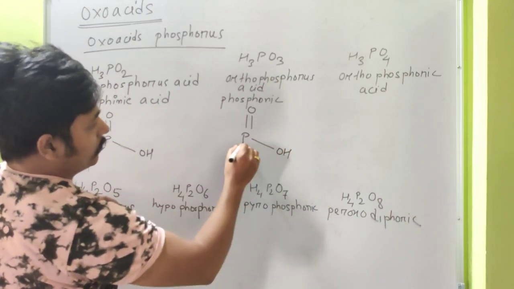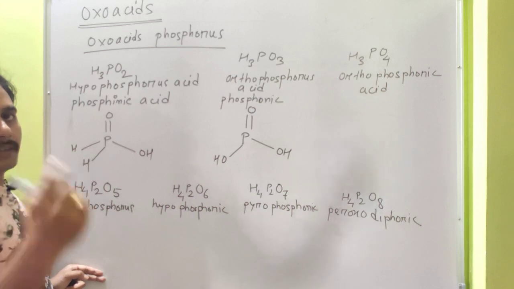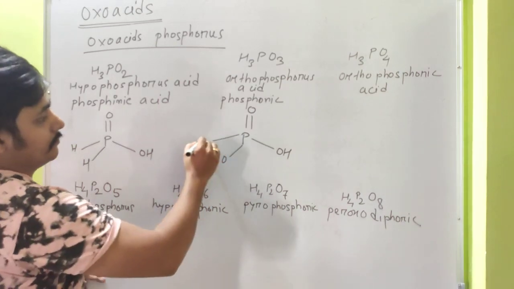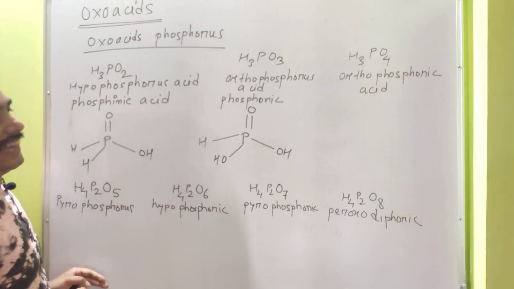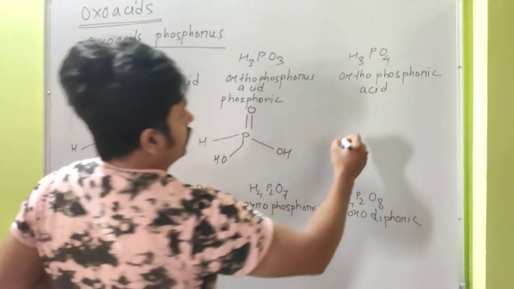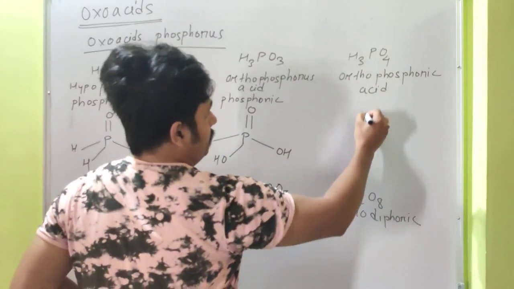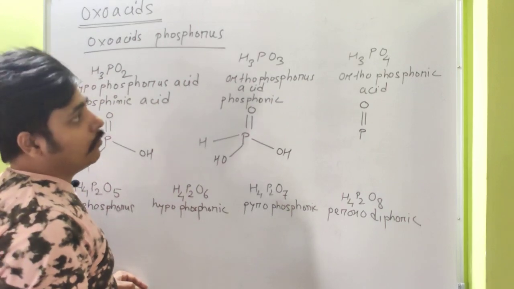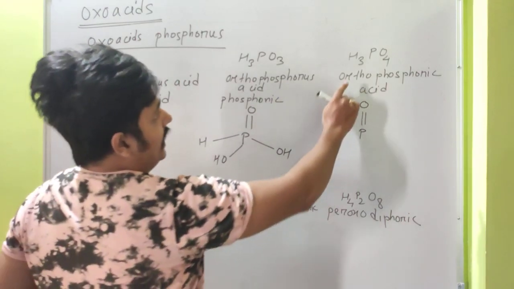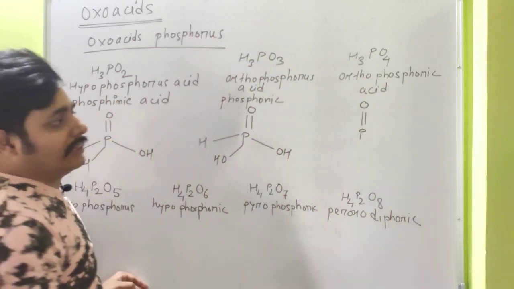So place 2 OH bonds, and we will be left with only one hydrogen. Next, here phosphorus, again place a double bonded oxygen. Now we are left with 3 oxygens, so 3 OH bonds.